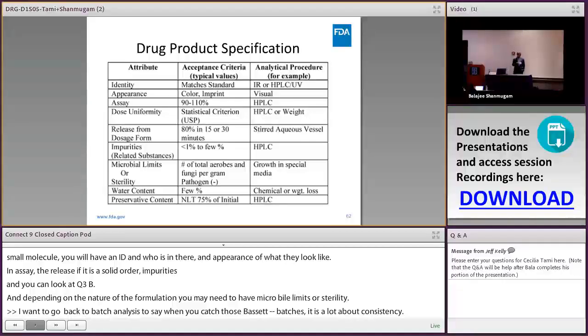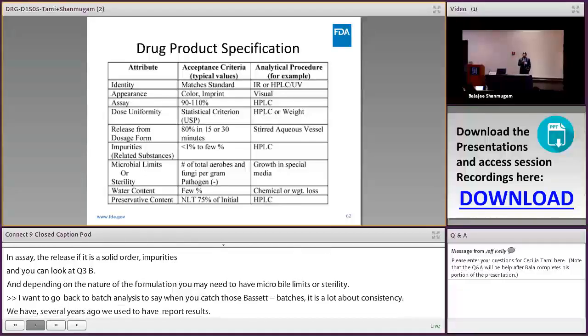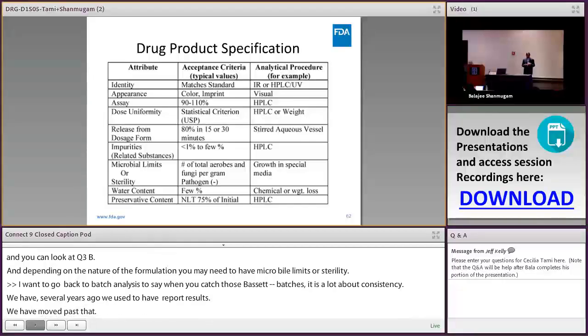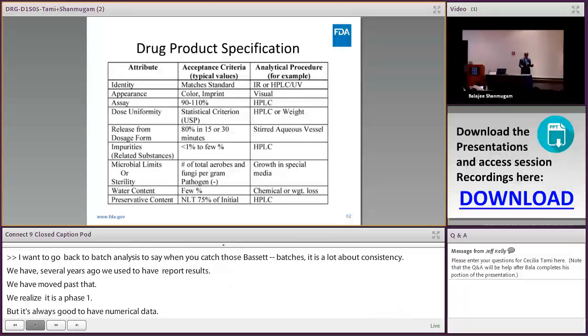So we have moved on past that, and now we encourage, we realize that it's phase 1, but it's always good to have some numerical values there. So you have something to look forward to, to say, yes, it's good, or we need to rework, or we need to improve on the process, the formulation, or whatever may be the reason why it's not meeting that acceptance criteria.